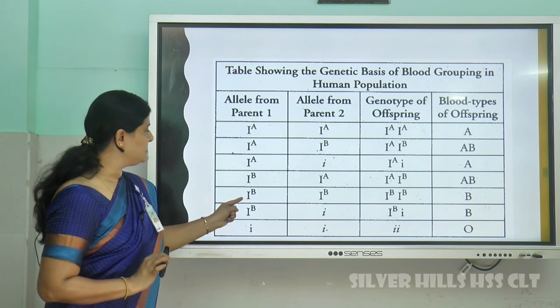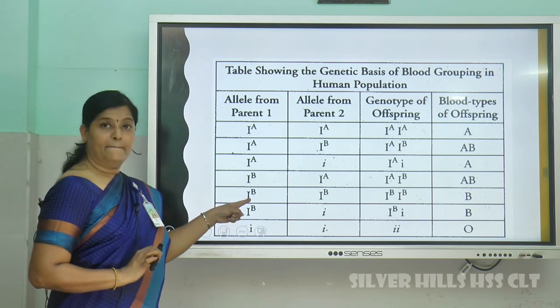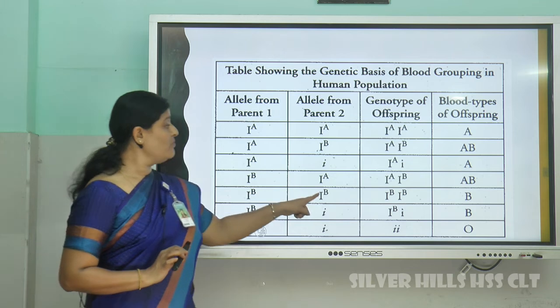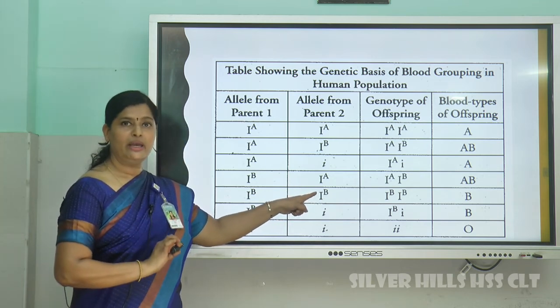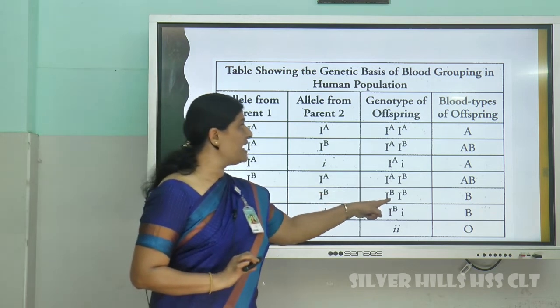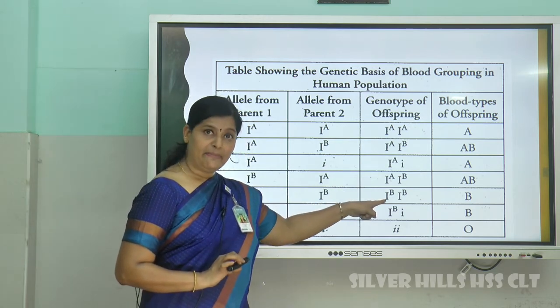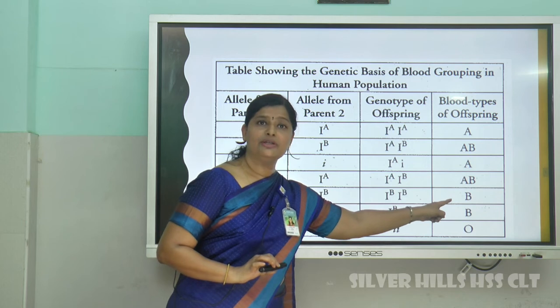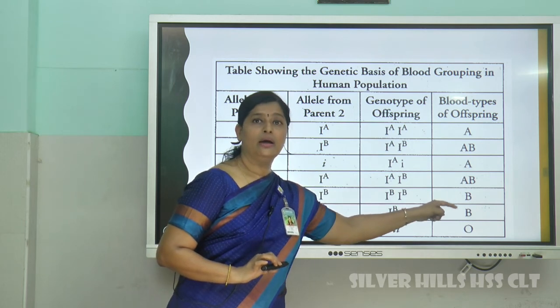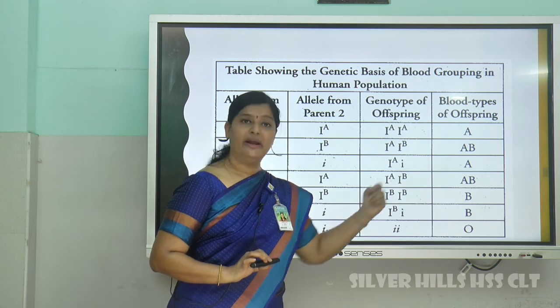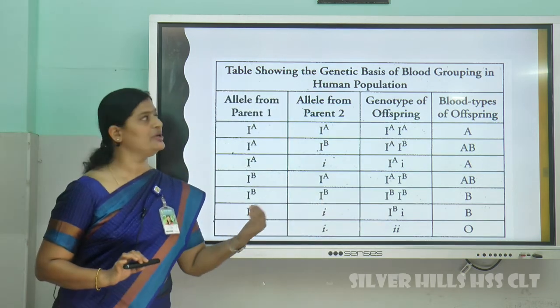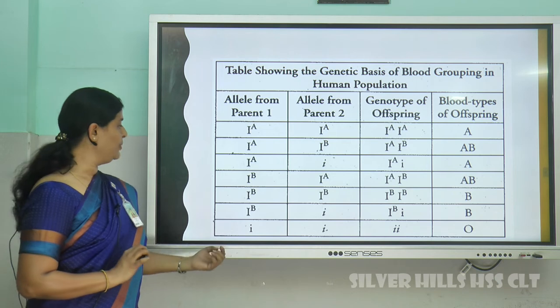Now the next case: from the father IB, and from the mother also IB. Maybe both are B blood group people. So the child's genotype is IBIB, and he or she is going to have B blood group.